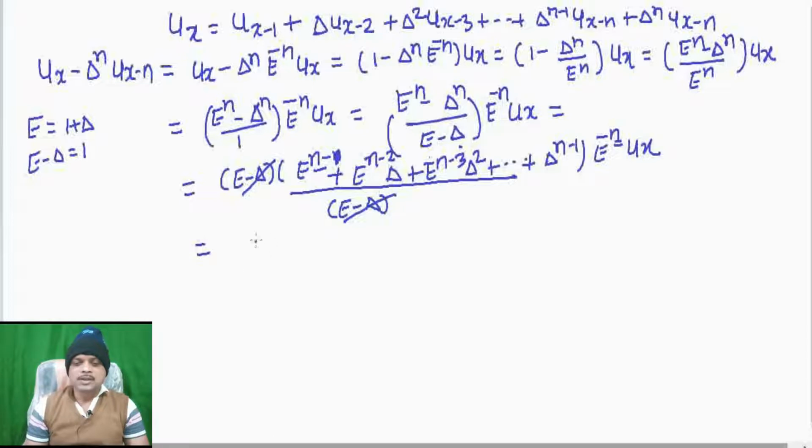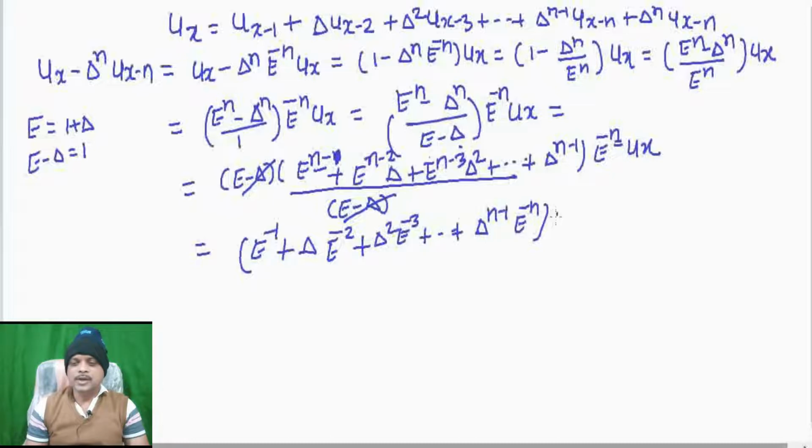So e raised to n gets cancelled and we have e raised to minus 1 plus delta into e raised to minus 2 plus delta square into e raised to minus 3 plus delta raised to n minus 1 into e raised to minus n operating on the symbol ux.